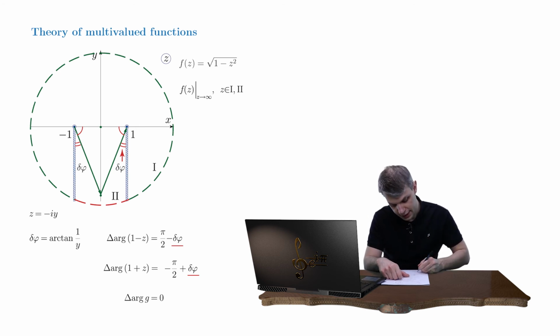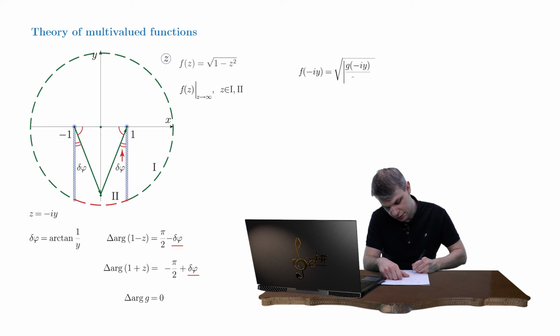And what we have is f of negative i y now is equal to, as before, the square root of the modulus of g of minus i y divided by g of 0, times e to the power of i 0, times 1. And we obtain the square root of 1 plus y squared.